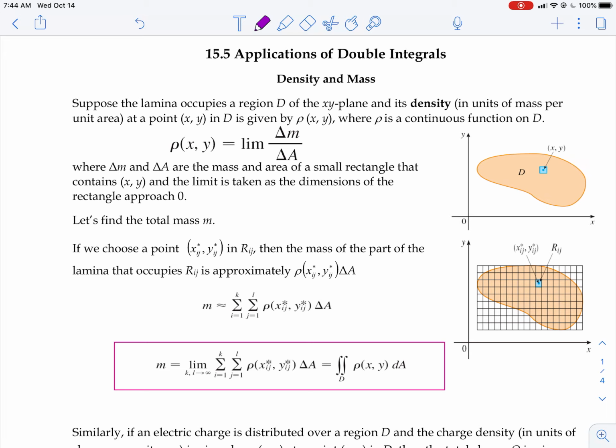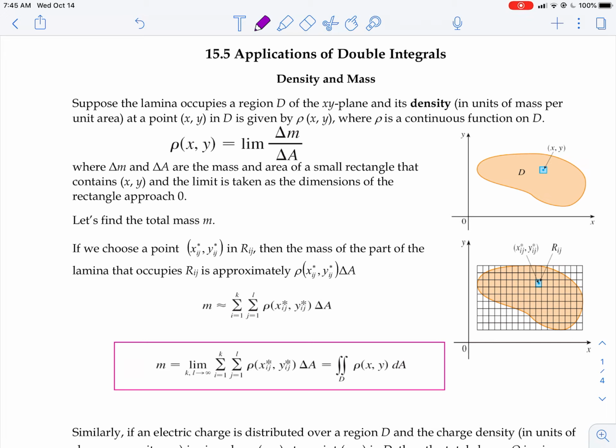And in Calc 3, when you do double integrals, that's going to help you find the mass of a lamina, which is a region, because we have a surface, and it's going to help you find the actual mass of that very, very small piece of lamina.